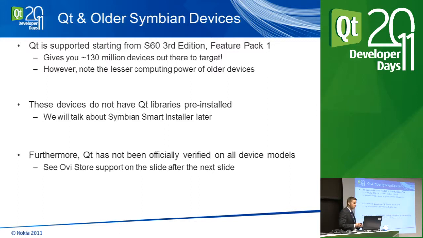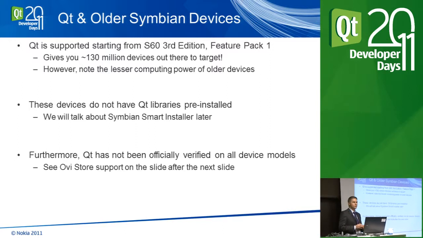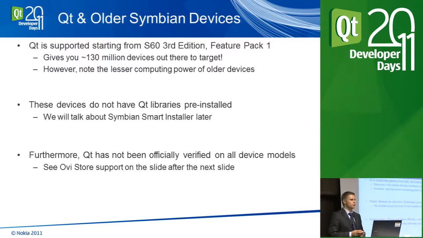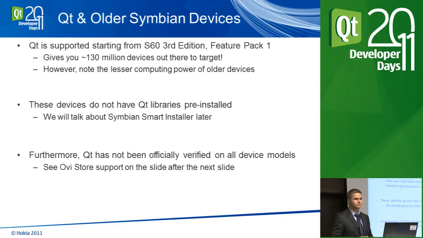As Jukka already mentioned, the bulk of these devices and the bulk of people who are buying applications in Ovi Store, for example, are using more recent devices, Symbian 3 devices, for example. So probably what you want to do is to target the touchscreen-based devices, the devices that you can use Qt 4.7 series on.